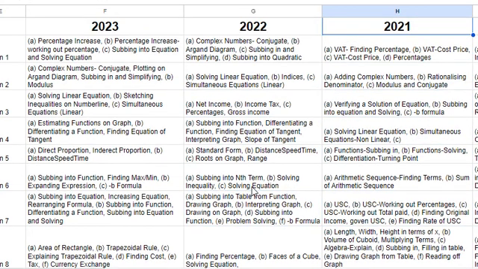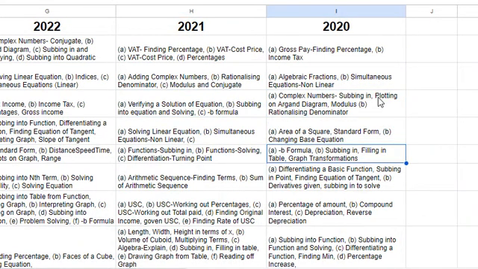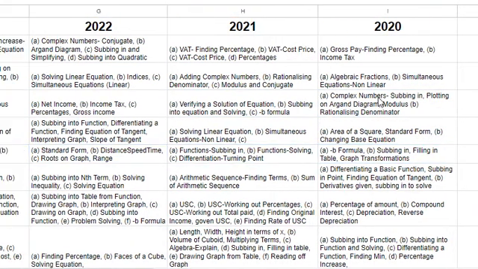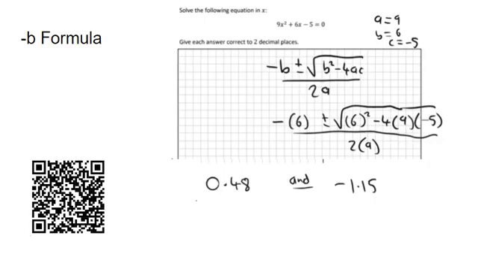In 2021 it comes up as question 3. And in 2020, yeah, part A. So the minus b formula has come up every year for the last 4 years, so it's definitely a question you need to understand and be able to do.